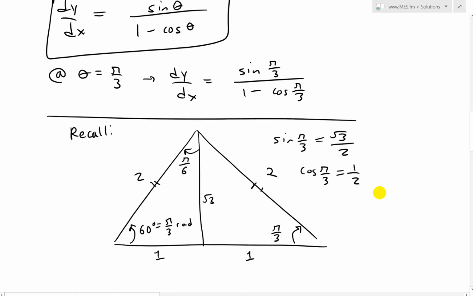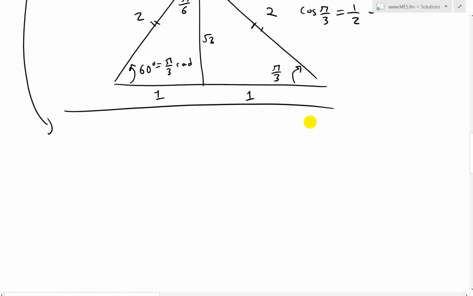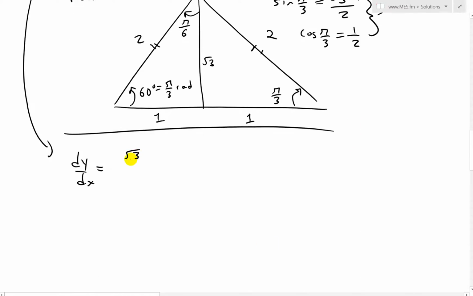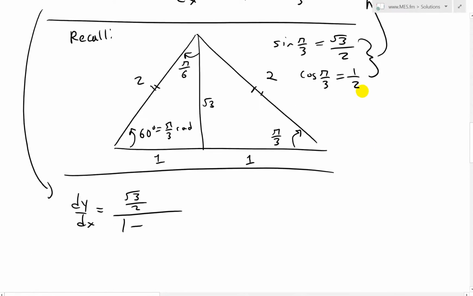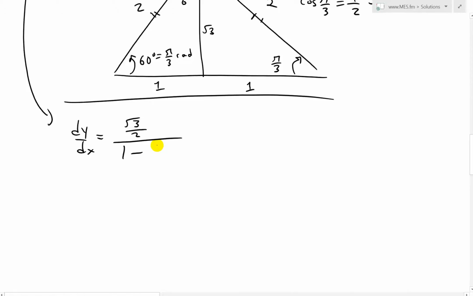Anyway, now that we have this, we can throw these inside. We get dy over dx is equal to sine pi over 3, which equals square root 3 over 2, divided by 1 minus cosine pi over 3, and cosine pi over 3 is just 1 over 2.